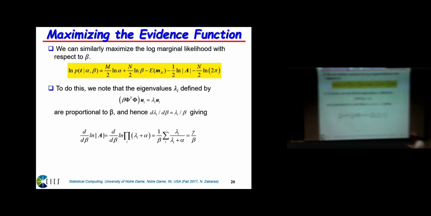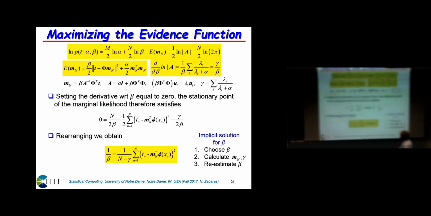If you double beta, lambda i will double, which means the derivatives of the eigenvalues with respect to beta are proportional to lambda i over beta. So you use this little equation, and apart from that, you get this nice formula at the end of the day. The optimal beta is 1 over n minus gamma, times the summation of the square error in matching your training data Tn, where the regression function has coefficients computed at the posterior mean.